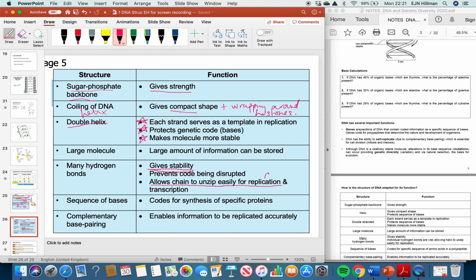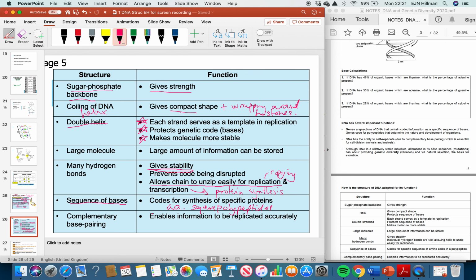So when DNA copies itself, so the copying of the DNA, and for transcription, which is the first process in protein synthesis. The sequence of bases, well, we've mentioned this already, codes for the synthesis of specific proteins or specific polypeptides, i.e. the amino acid sequence in a polypeptide.